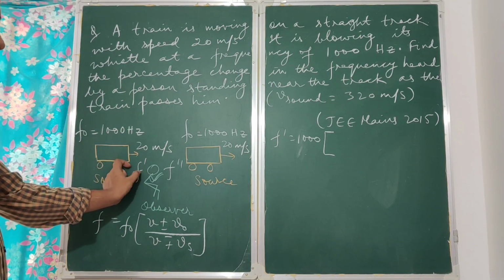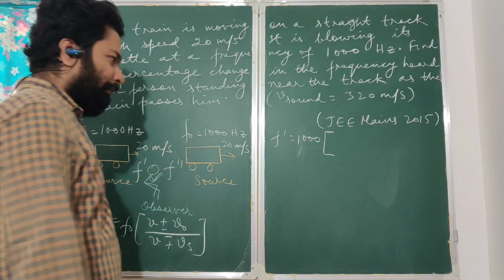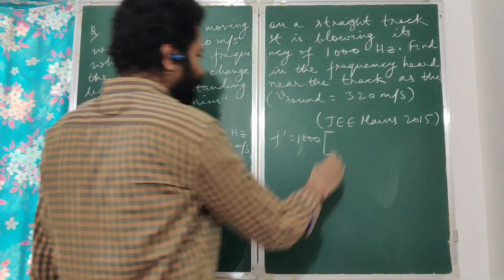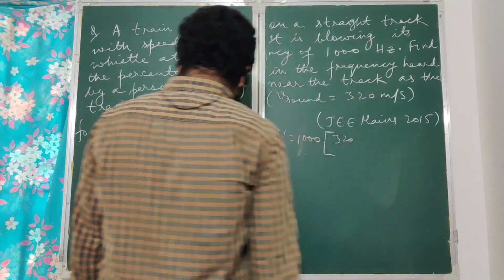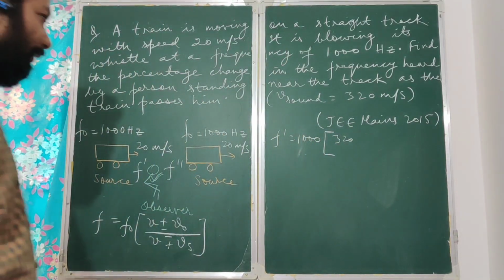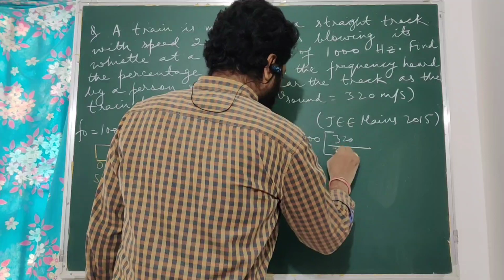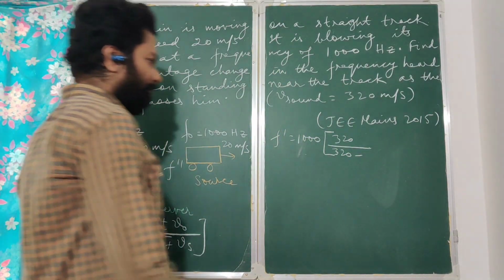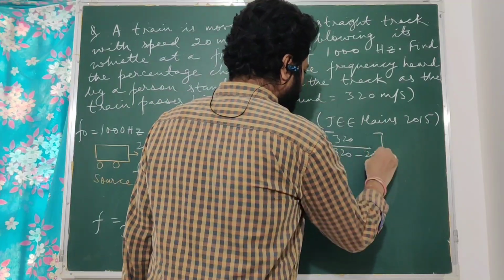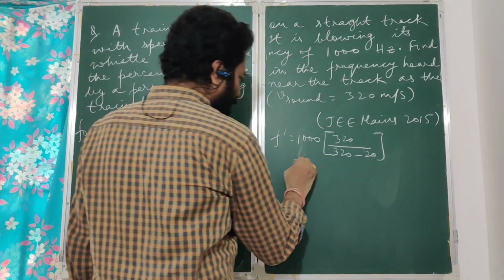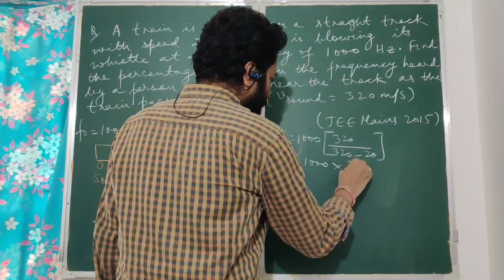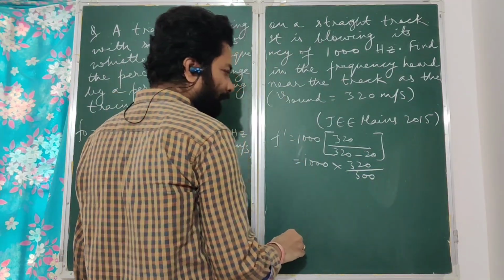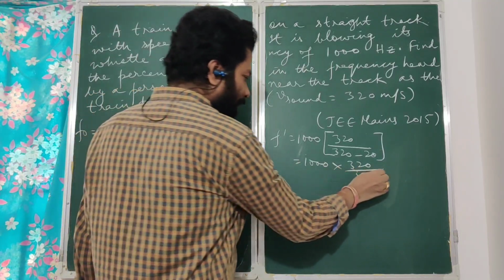Now distance between these two, it is reducing with time. So everything has to be made maximum within that fraction. So what is V? 320 plus velocity of observer 0, minus source 20. So this can be written as 1000 into 320 by 300. Correct? So how much will be this?